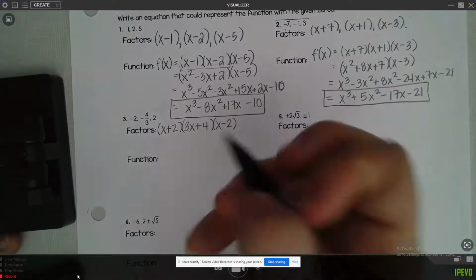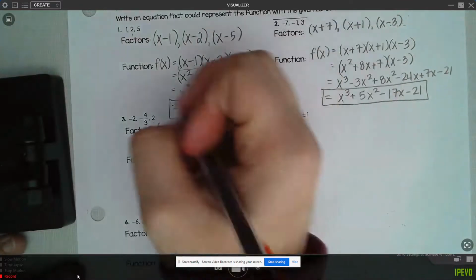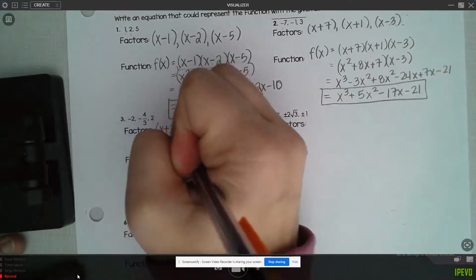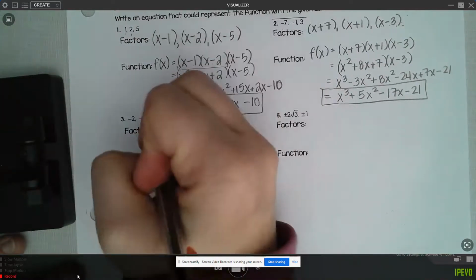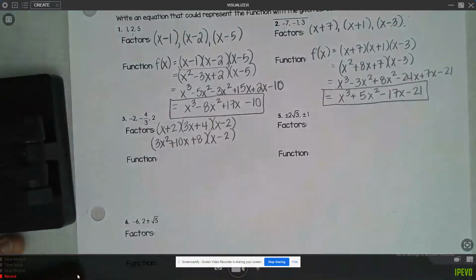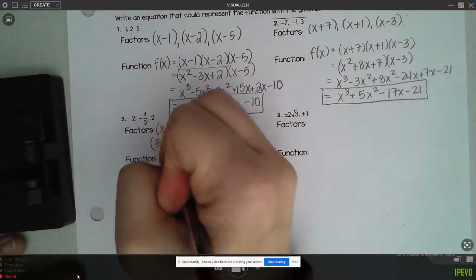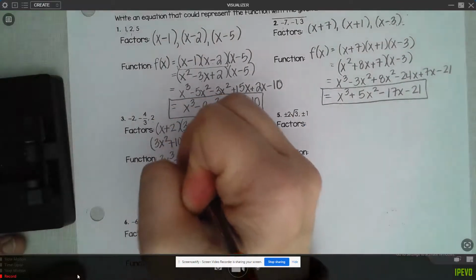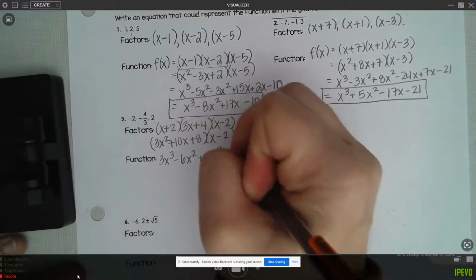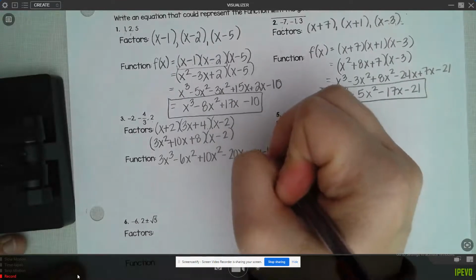Now we're going to do the exact same thing, correct? So distribute. So x and 3x, this is 3x squared. 4x, 6x, so plus 10x, and then plus 8. And then just distribute again. So 3x cubed minus 6x squared plus 10x squared minus 20x plus 8x minus 16.